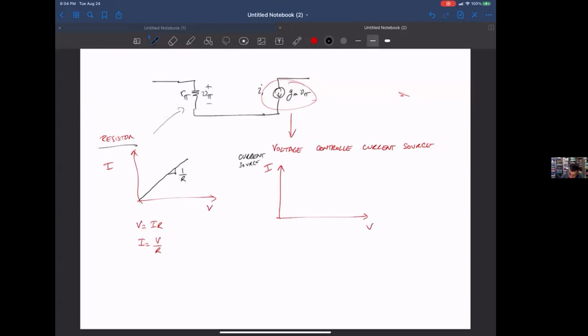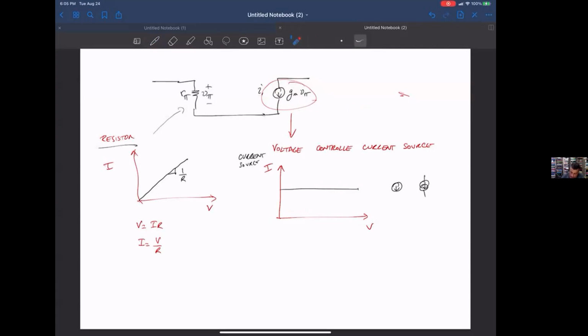In a typical current source, no matter what you do, and a typical symbol for a current source is either this, or you might see this, no matter what voltage you put across this current source, no matter how much you change the voltage across the current source, the current through the current source stays the same. So that's just a regular current source.